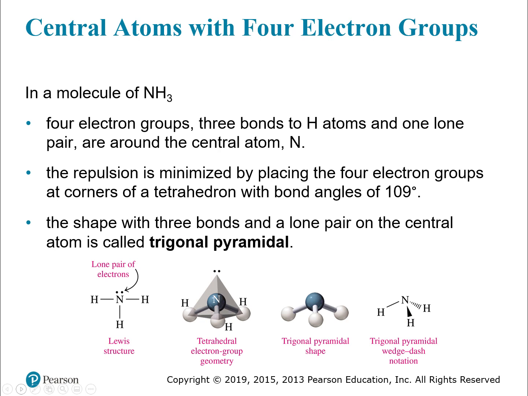You can also have 4 electron groups by having 3 bonded pairs and 1 lone pair. And in the case of ammonia, NH3, that's what we have. So if you draw the Lewis structure, you've got the nitrogen in the center, it's bonded to 3 different hydrogens, and it's got a lone pair. That lone pair is going to influence the shape of the molecule, just like the hydrogen bonding.